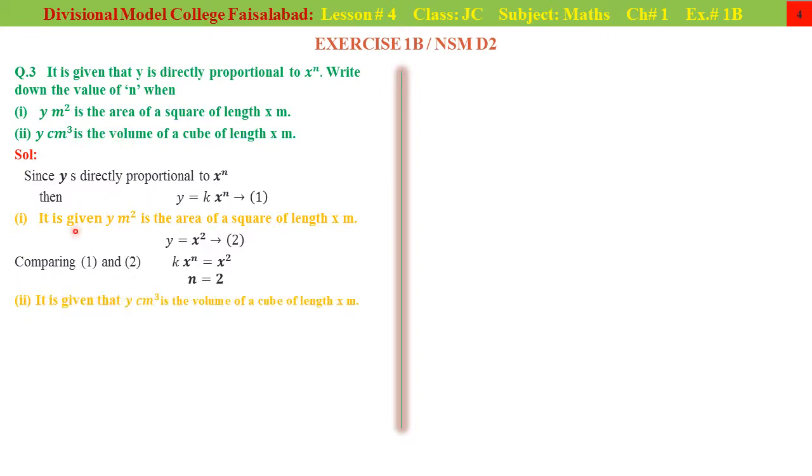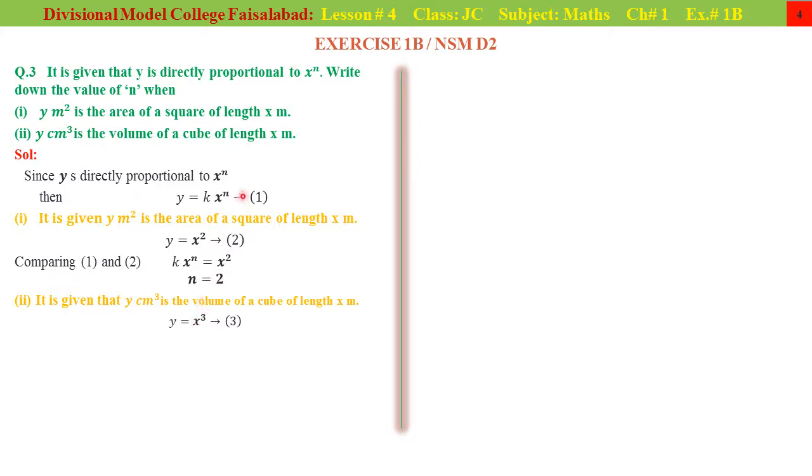In this case, it is given that y is the volume of a cube of length x. A cube is a box whose volume is length into length into length, because in a cube all the sides are equal. So L cube. So when y is the volume of the cube, y is equal to length into length into length. Because the length of each edge of the cube is x, x multiplied by x multiplied by x will give you x cube.